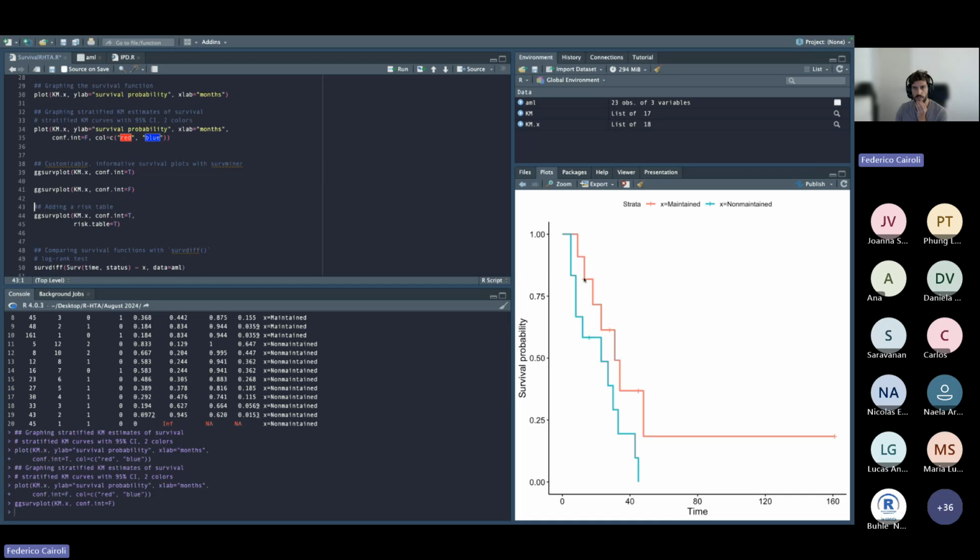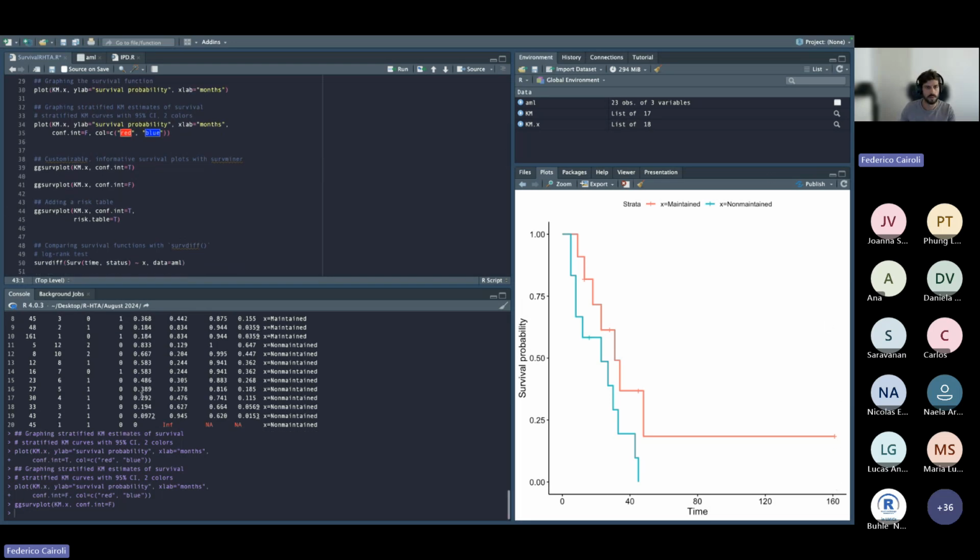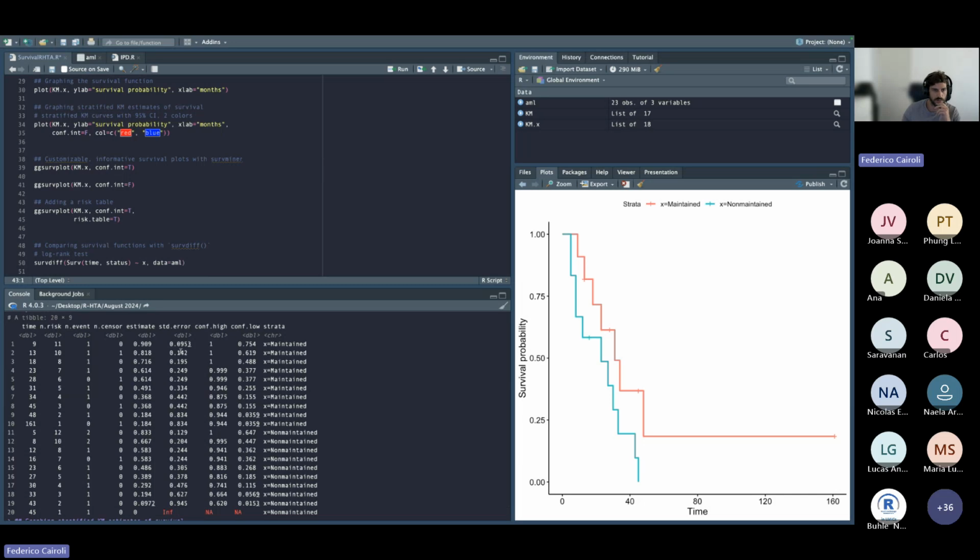So for example, for the treatment arm, we can see that we have one censoring here at a time of 20-something, then here almost 40, and then here 160. And if we recap on the censoring, we have this information here. We have one censoring at 28, which is this one that I already shared with you.